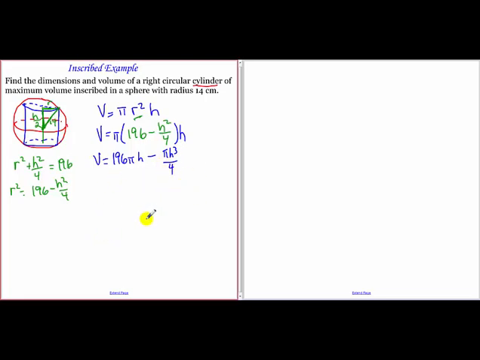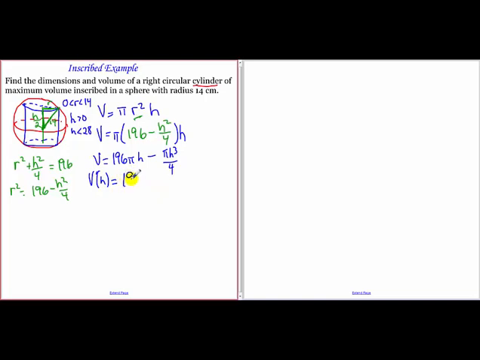Now think about what we have to range between. R is between 0 and 14, and H also has to be greater than 0, but H is going to actually be less than twice 14, which is 28. Okay, let's find the derivative of our volume function in relation to H to find our maximum.